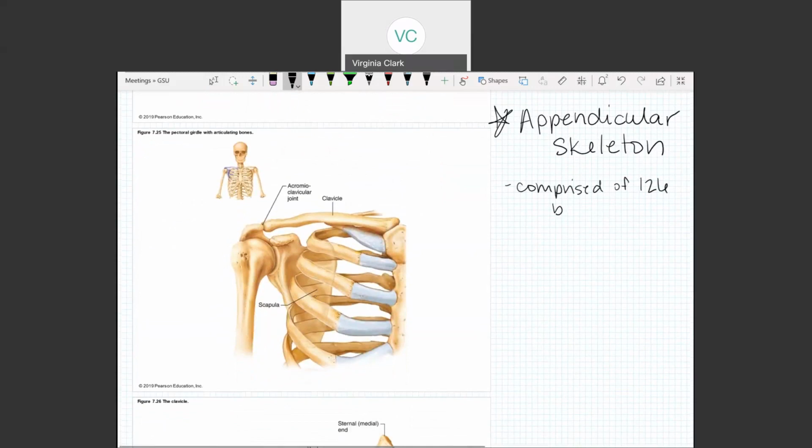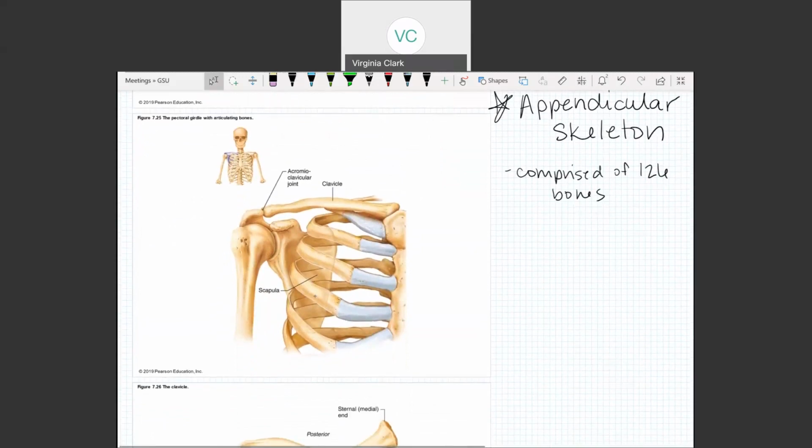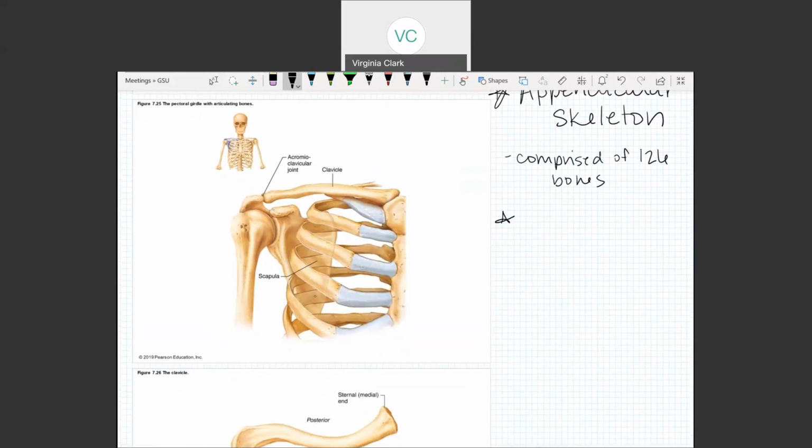So it's going to be all of your appendages and how they attach. So that'll be your pectoral girdle and your pelvic girdle. So we're going to start with our upper limbs and your pectoral girdle, how they connect.